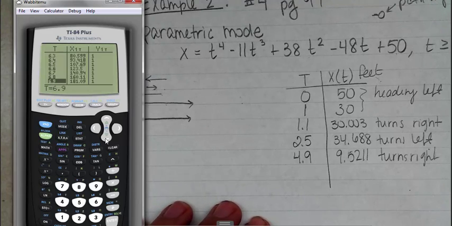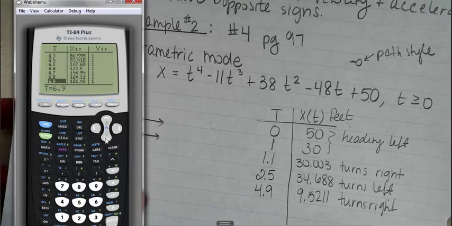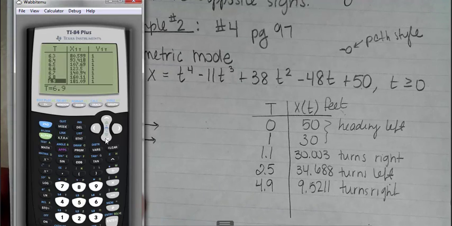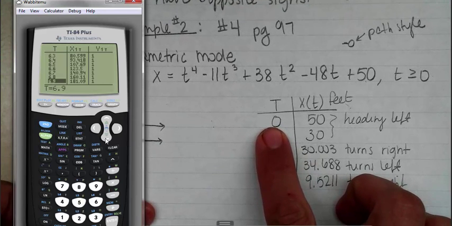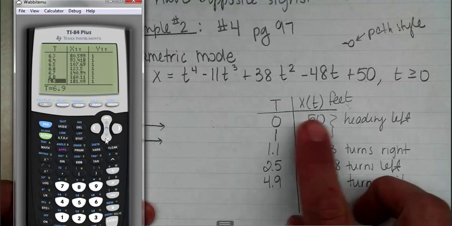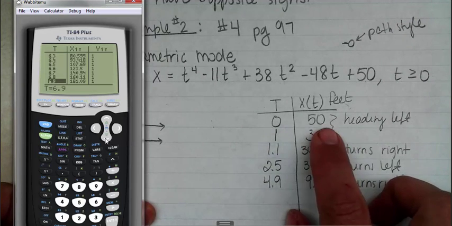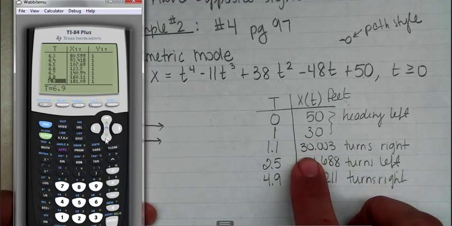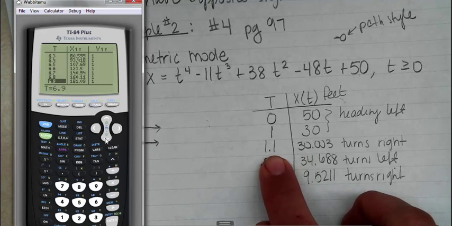And I'm not going to do a bunch of writing, so you can pause this. But basically, you want to explain that this thing at time 0 started off at 50 feet, and it was heading left. And I noticed that it kept heading left until it got to around 30 feet, which was at about 1.1 seconds.